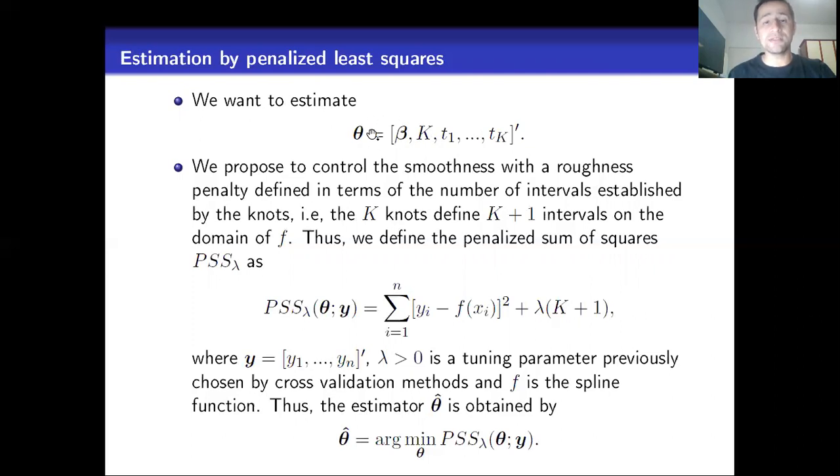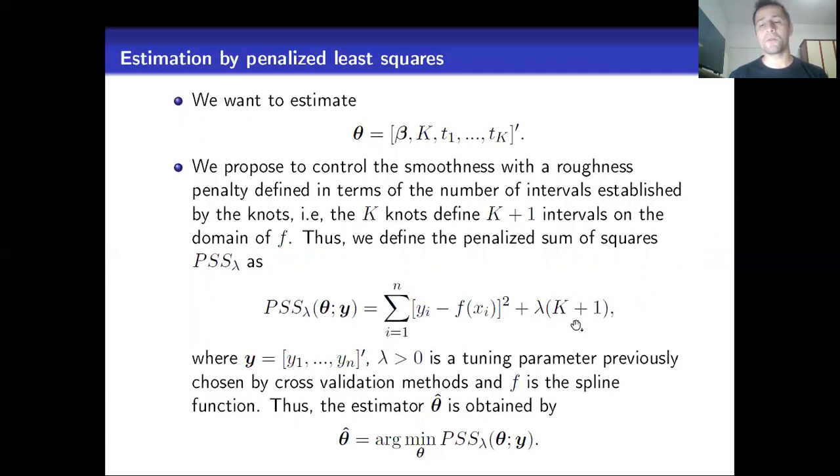So this is our parameter vector. And we propose the estimation of this vector through the minimization of a penalized least squares, where the penalty is the number of segments determined by these knots. So if we have K internal knots, then we have K+1 segments on the time domain.